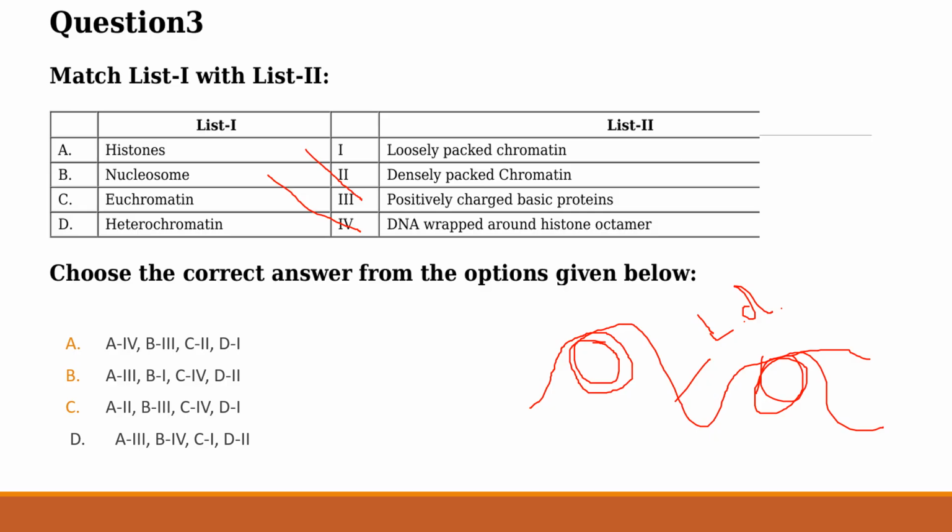And next is euchromatin. Euchromatin is densely packed chromatin. So we can match like this. And heterochromatin is loosely packed chromatin. So we can select this from option D is correct.